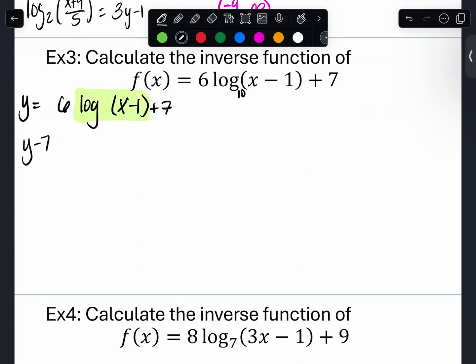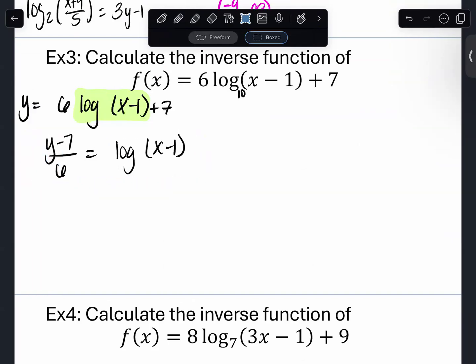So I have y minus 7 divided by 6 is equal to log of x minus 1. Now that I have that logarithm isolated, I can get rid of it using an inverse function. Log base 10 is the inverse of 10 to a power. So I'm going to raise each side 10 to that power. So now I have 10 to the y minus 7 over 6.